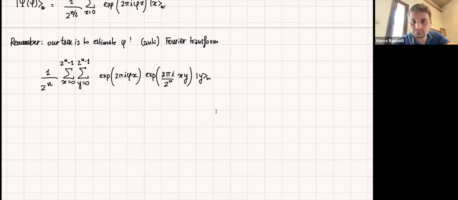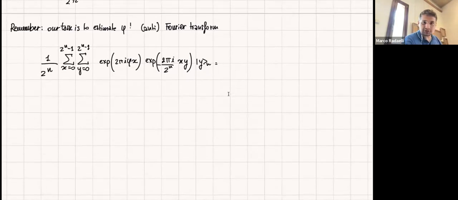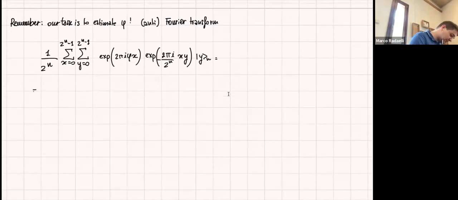Okay, I'm missing a minus here, but this should be right. What I do now is compute 1 over 2 to the n, sum over y from 0 to 2 to the n minus 1, sum over h from 0 to 2 to the n minus 1, and then I merge two exponentials.